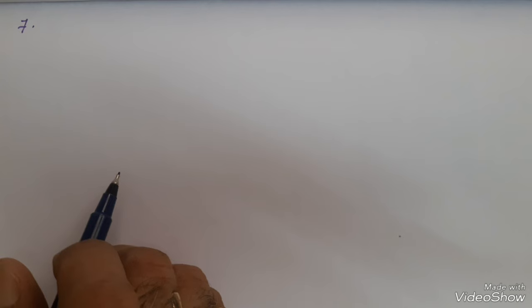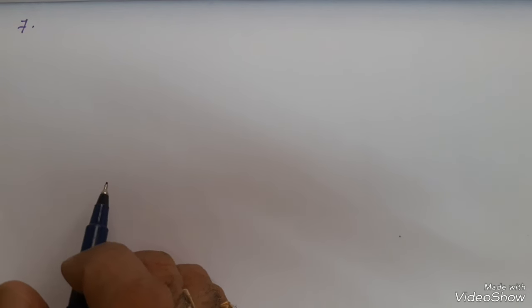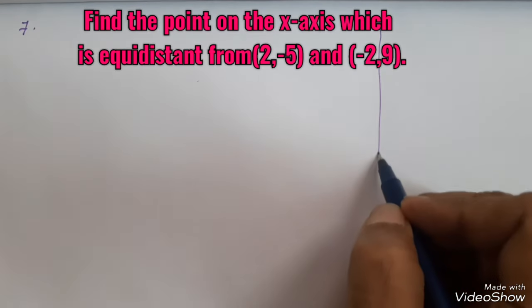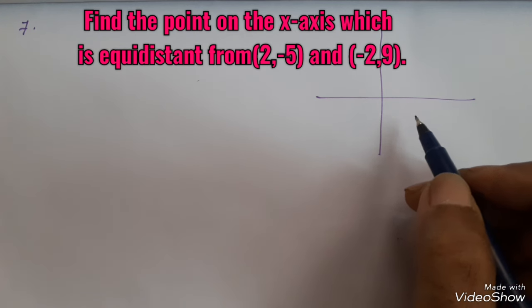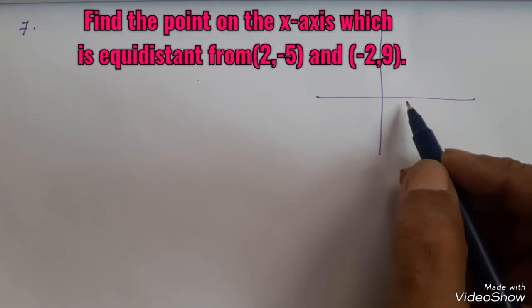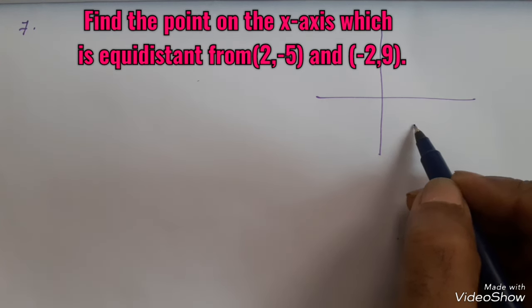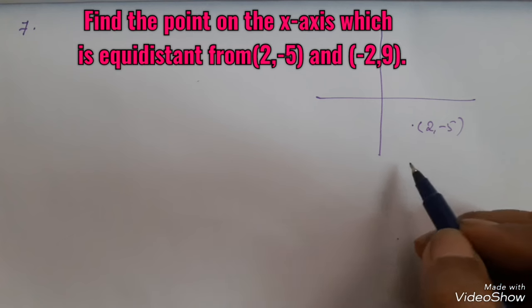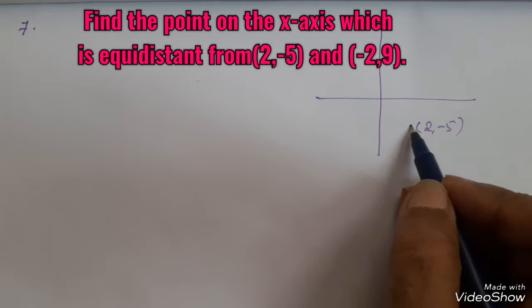Now the 7th problem. Find the point on the x-axis which is equidistant from two points. On the plane, 2 points are there. One point is 2 comma minus 5, suppose you take this as one point.